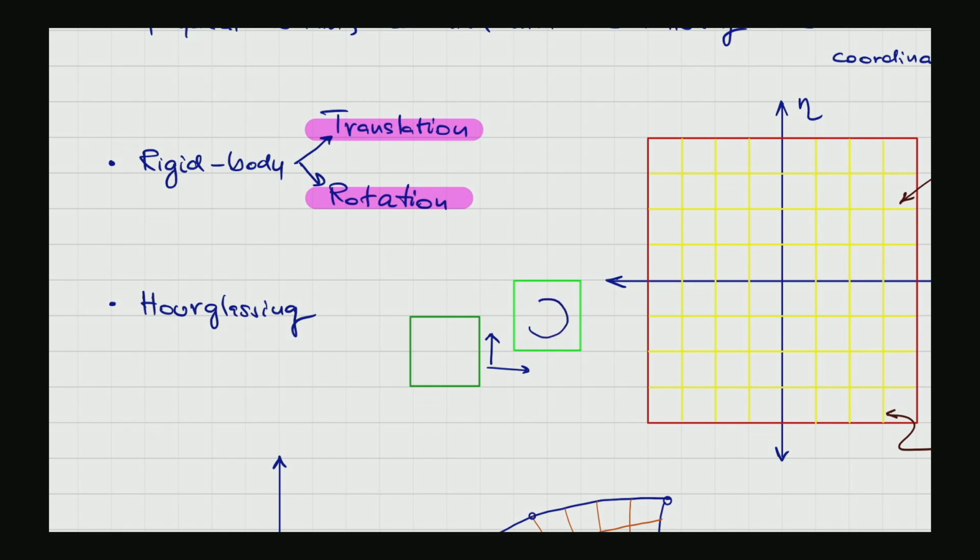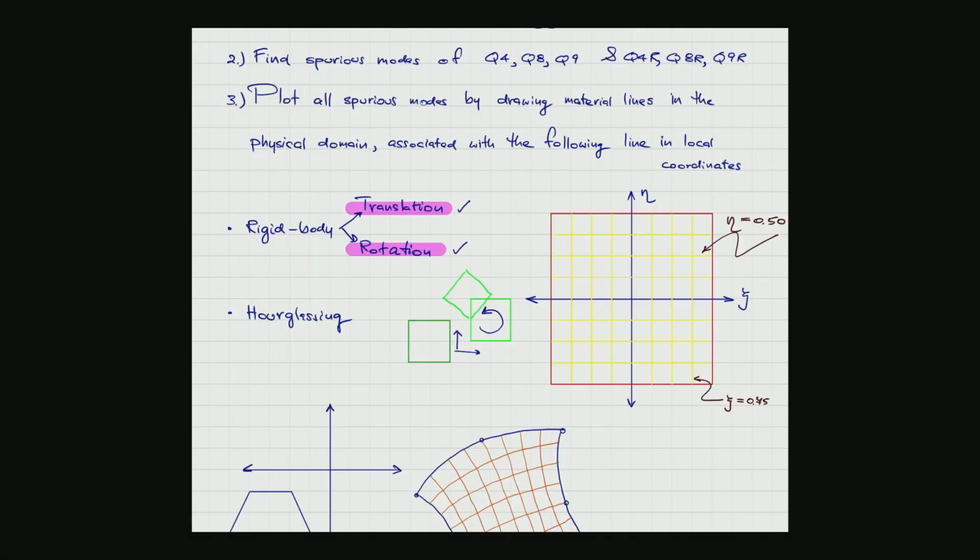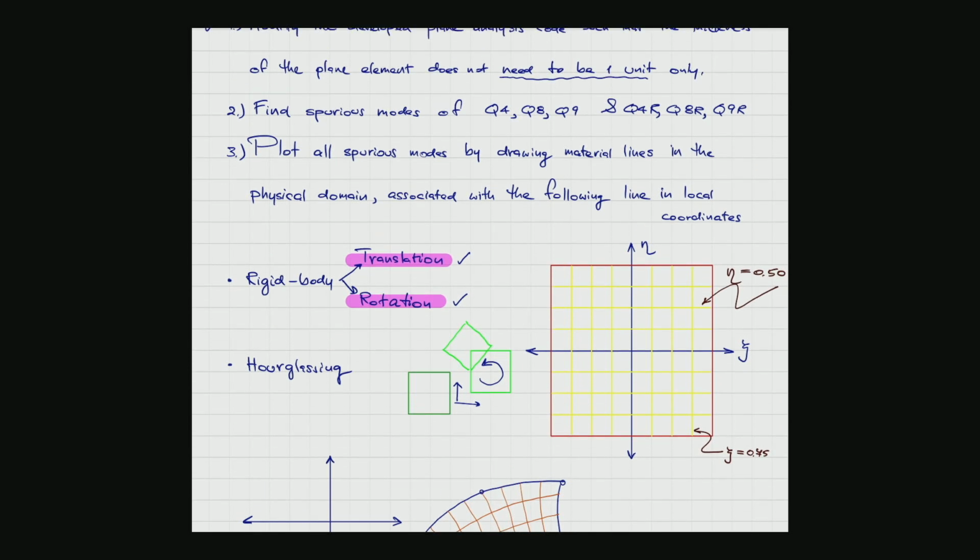You can also have the rigid body rotation. So translation is done, then you go to rotation. It could turn out to be this picture, or it could be combined, a multi-mode combination. So you have x, y, and rotation embedded in one eigenvector. So this is the first kind of zero energy mode.